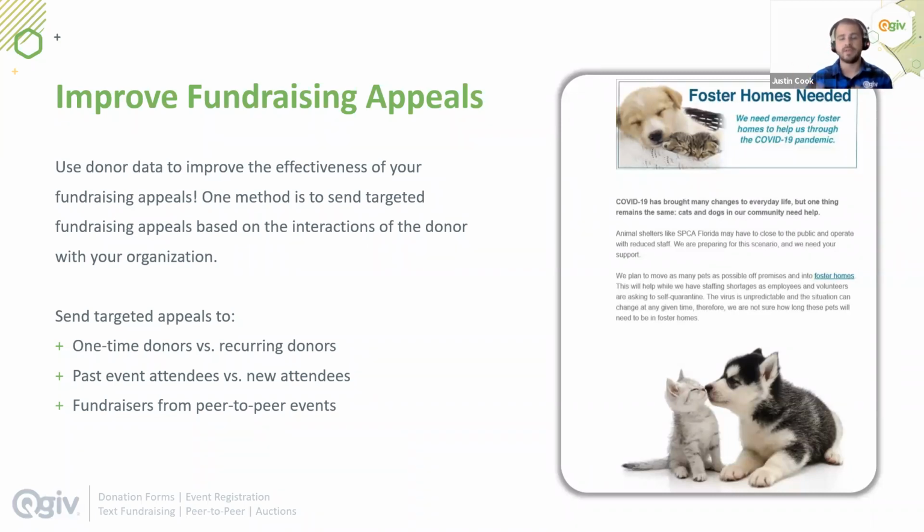One method that I always love to talk about is segmenting your emails based on the segmentation within your donor base. And I absolutely love the topic of segmentation. I know I said I love donor data, but segmentation is just another part of that. And I absolutely love the segmentation and the personalization that can come with this, because it can be really frustrating for donors if they are not recognized for the donations that they've already given to your organization.